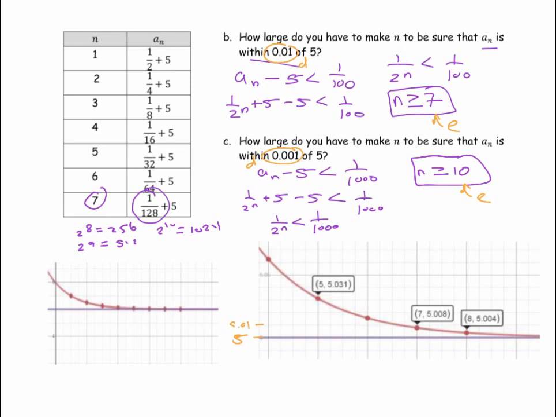And you can see that if we want to get within 100th of 5, this visual tells us that we need to go out, so that 7th term is just right below it. We'd have to go out to the 7th term at least, and then every term after that will also be within 100th of 5. Okay, so no matter what distance they give us, we can go out far enough in this sequence to get within that distance, and that's what we mean by the limit being 5.